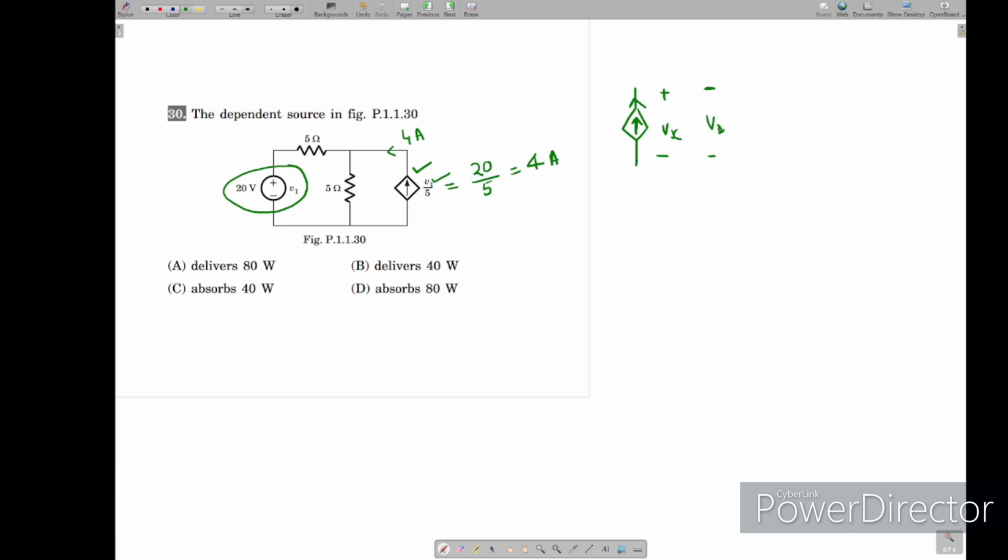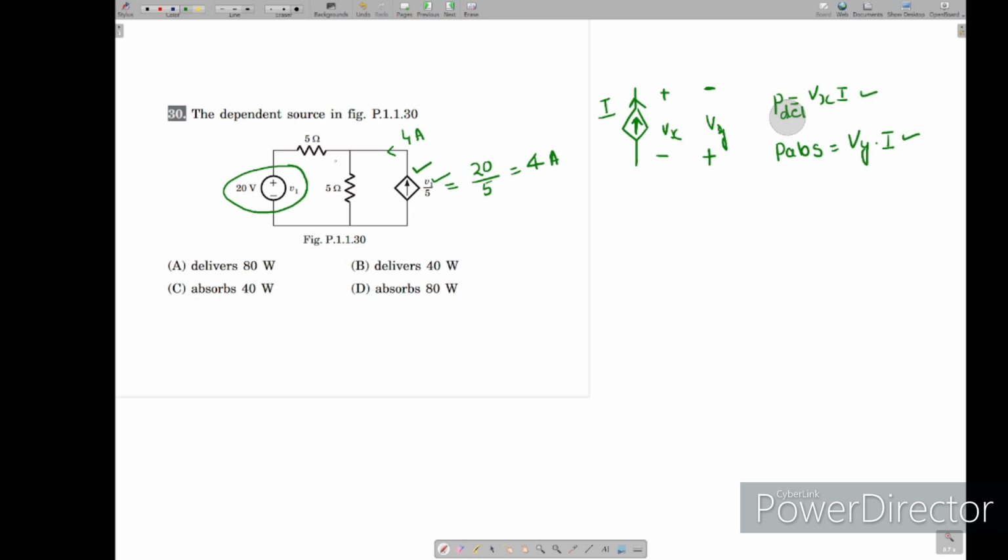Power is nothing but, I will take this as I, so power is Vx into I. If we got the voltage like this, we are delivering the power. If it is coming like this, power is absorbed. So we'll see how it will come now.